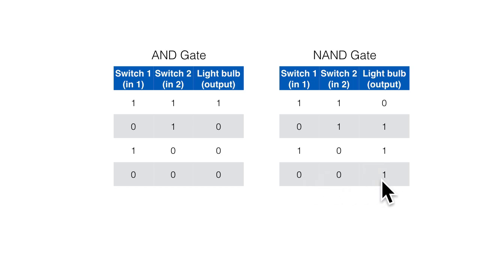Both switches are off and the output is on. So therefore, what you can see from this, take a look at the pattern. AND gate, when both switches are on, the output is on. Otherwise, the output is always off. The NAND gate, when both switches are on, the output is off. Otherwise, what? The output is always on. See the difference?